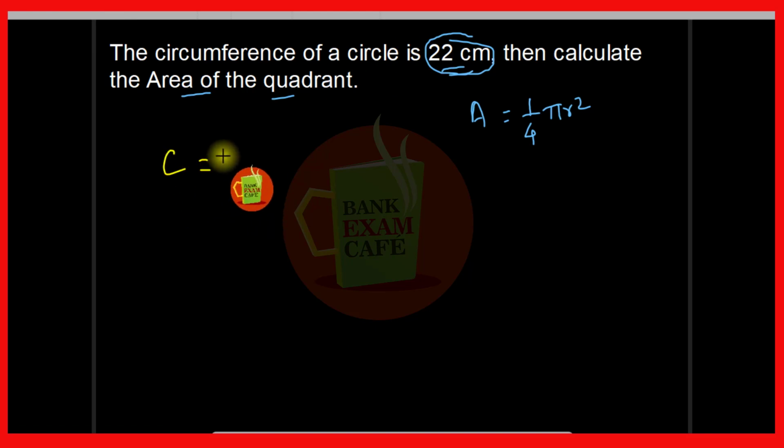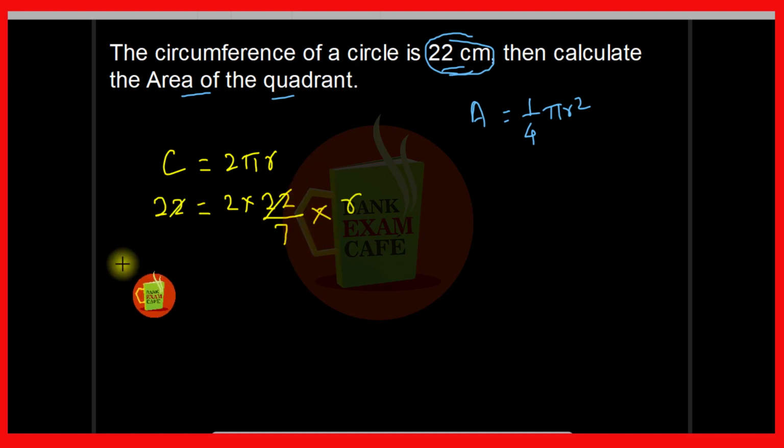Circumference of a circle is equal to 2 pi r. This circumference is given as 22 centimeters, which is equal to 2 into pi, that is 22 by 7, into r, that we have to find. So 22 and 22 will get cancelled, and therefore r is equal to 7 by 2.